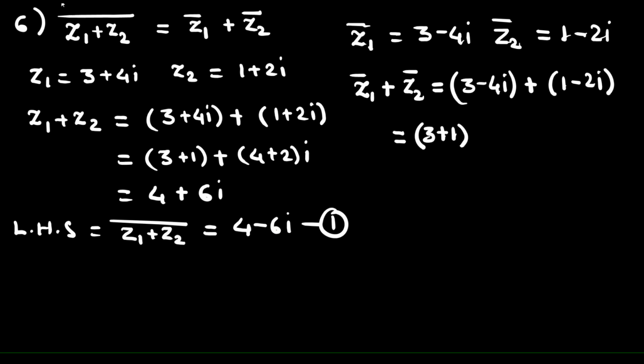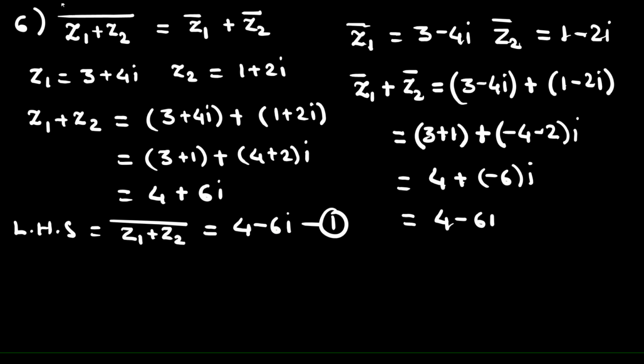Then next, the plus sign is there and minus 4 minus 2 and then i. That's why it is equal to 4, then plus of minus 6i. That means it will be equal to 4 minus 6i. So here we get equation number 2.